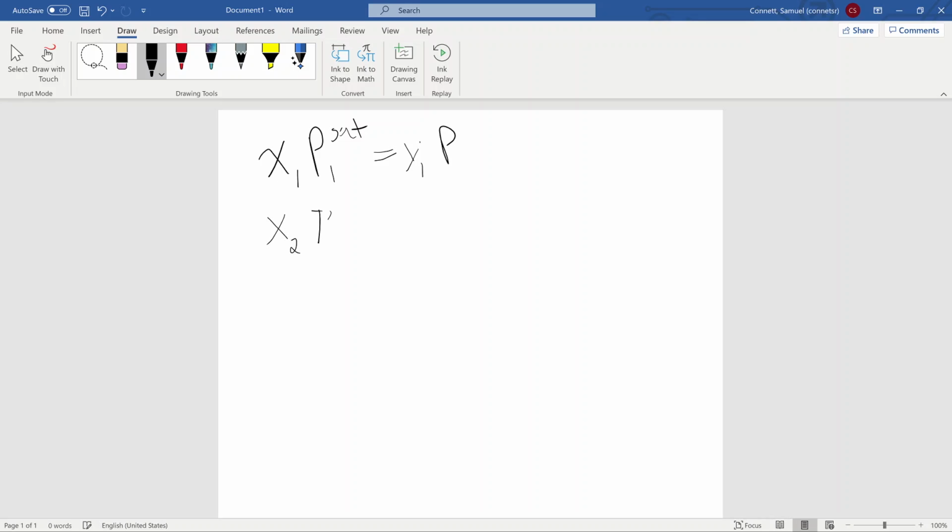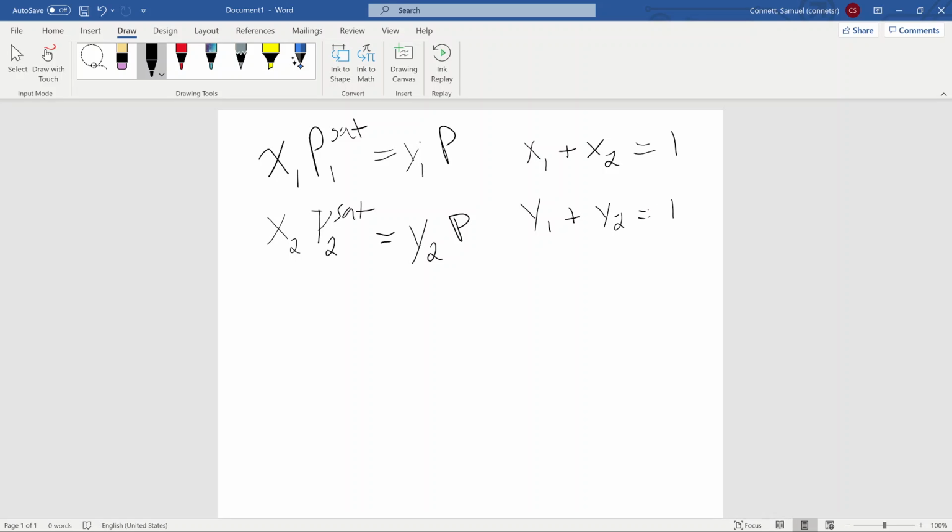So component 2 is equal to the mole fraction of component 2 in the vapor phase times the total pressure. And since we have mole fractions, we know that x1 plus x2 is going to equal 1, and y1 plus y2 equals 1.